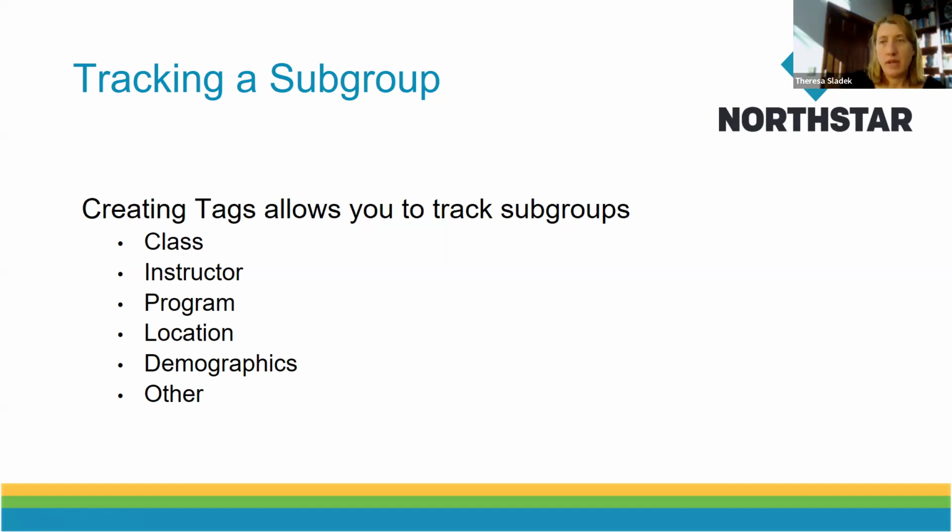The reason I started out talking about tagging is because it's a good conversation to have for those of you in this program together before you start creating tags, so that you have more uniformity across everyone that's using Northstar as to what you're going to call certain things and what the nomenclature is going to be. You can always create tags after the fact, and you can always change tags too, but it's a good best practice to start thinking about what kind of reports we're going to want to run, and how we want to tag the people in those subgroups.